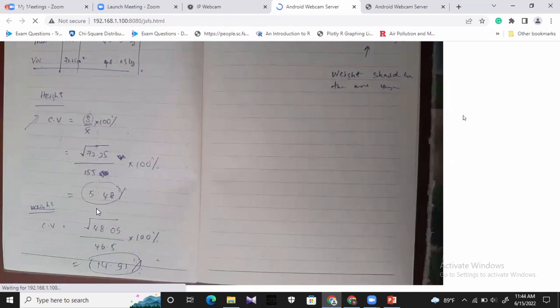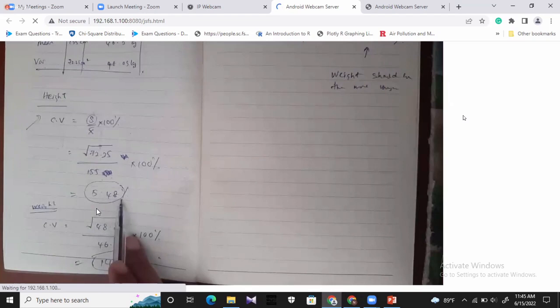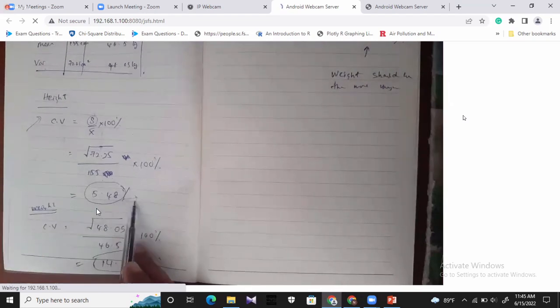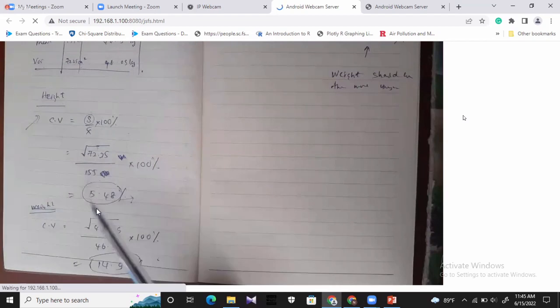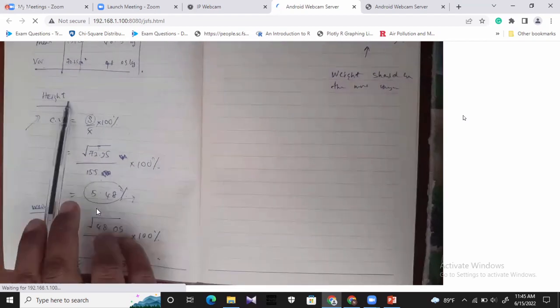Understand? With the highest variability, we need to find the highest coefficient of variation. If we want to find the most consistent variable, we need to pick not the highest coefficient of variation, but the less coefficient of variation. Okay, so between these two variables, height and weight, height is the most consistent variable.